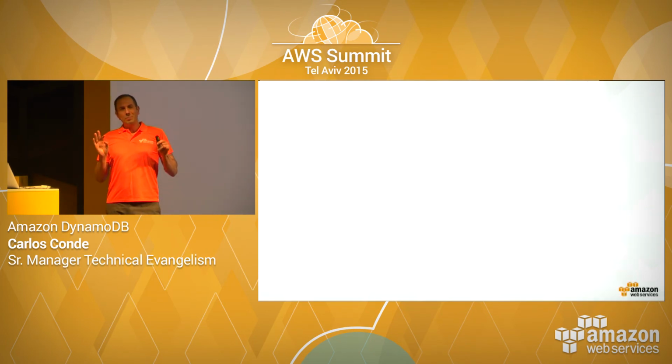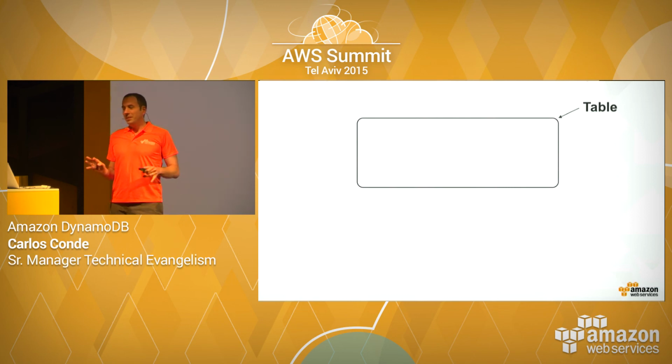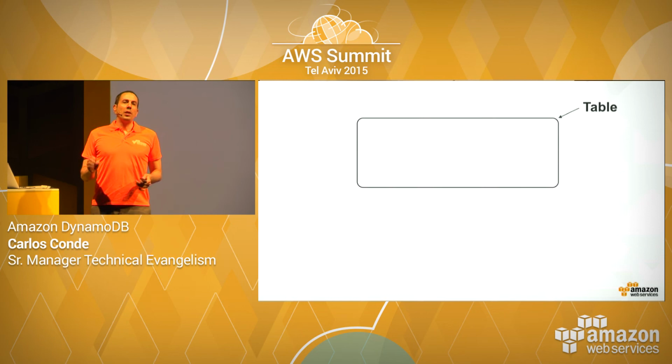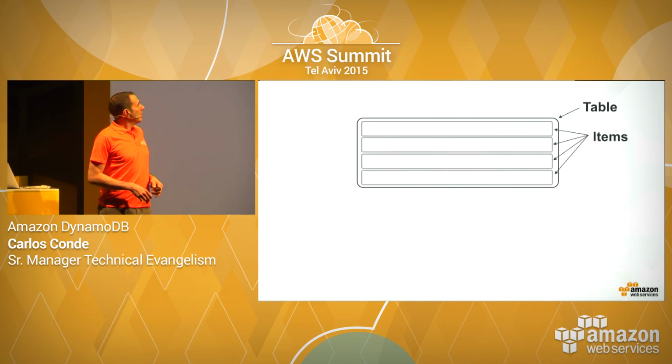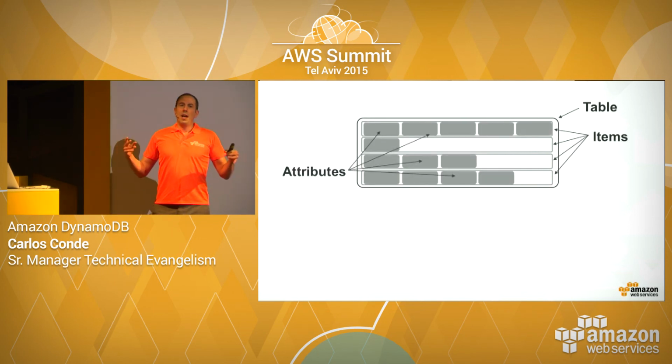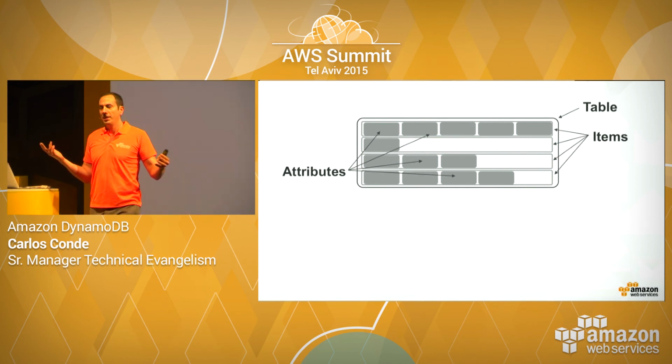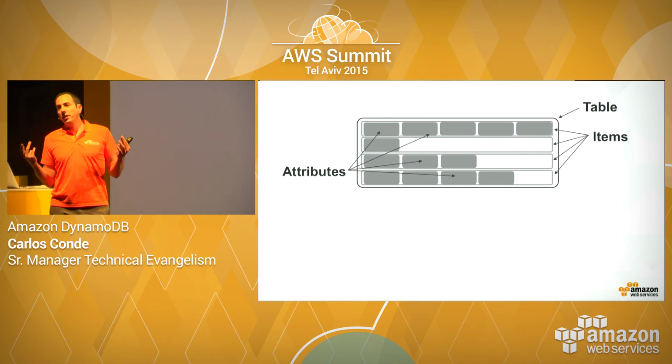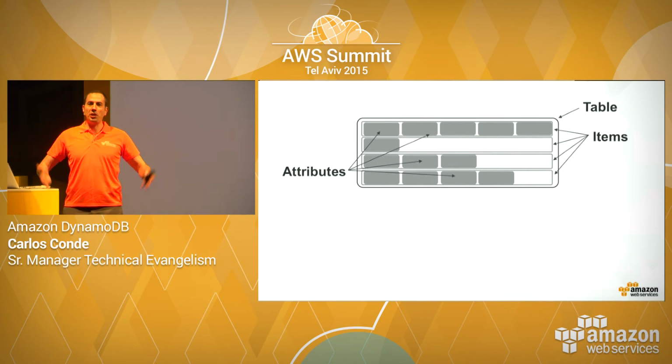So this one is a bit of a misnomer, but DynamoDB has a concept of a table. But if you know about relational databases, the tables on Dynamo are a bit different because inside a table you have items, and items have a flexible amount of attributes, right? You don't have to follow a schema like in a relational database where all the items should have the same attributes.